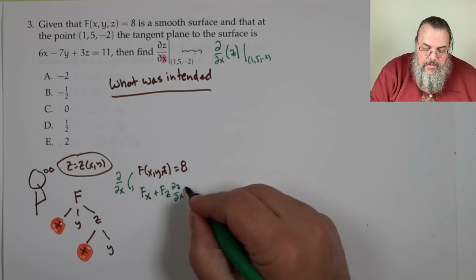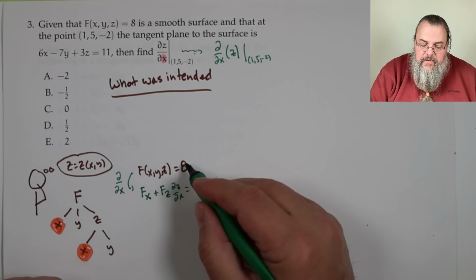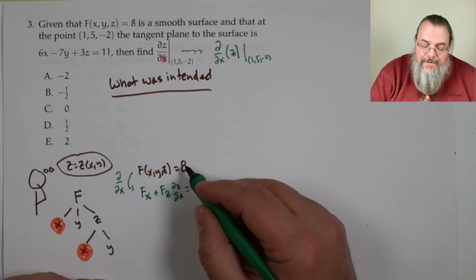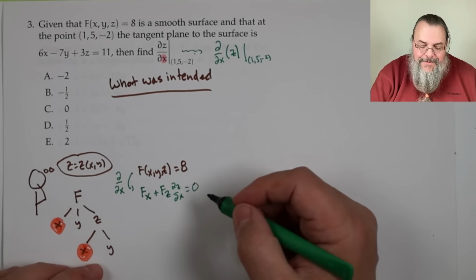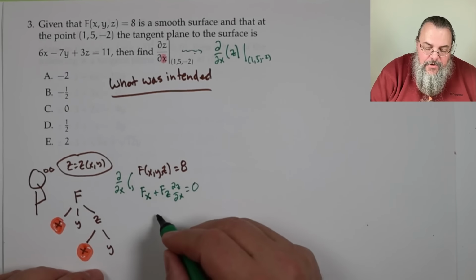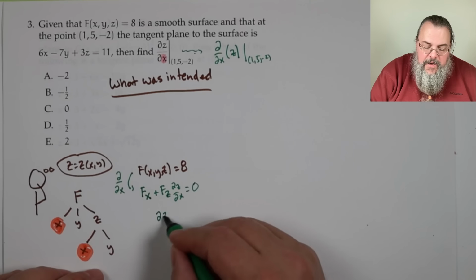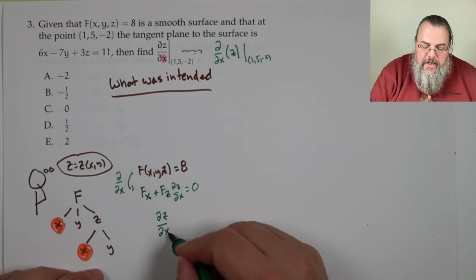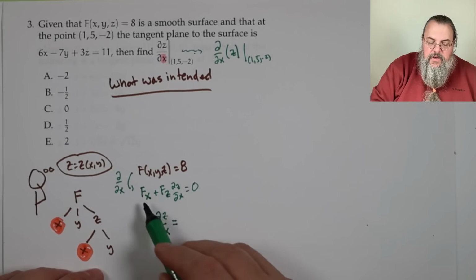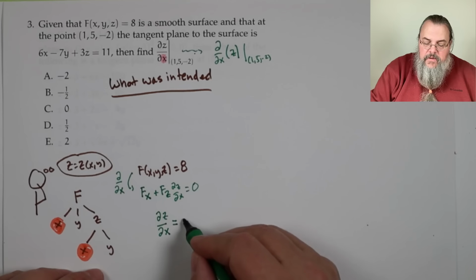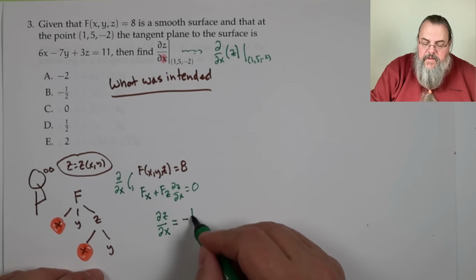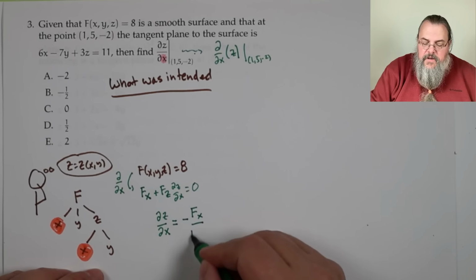Now that's equal to the derivative of a on the other side. Derivative of a with respect to x is 0, because it's a constant. And so, partial z partial x is equal to minus f sub x over f sub z.